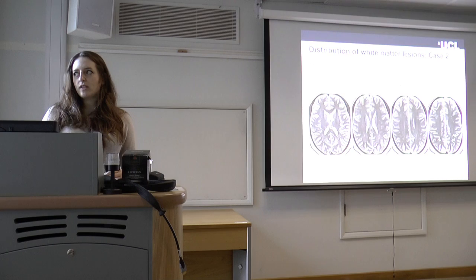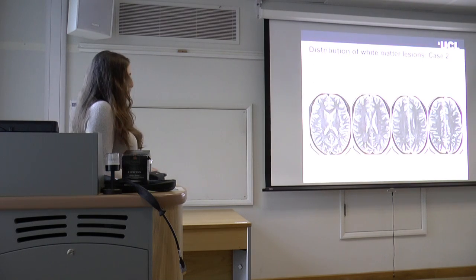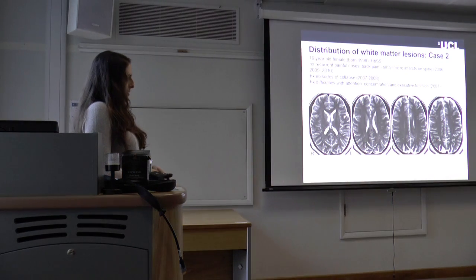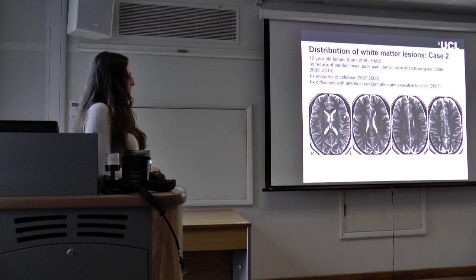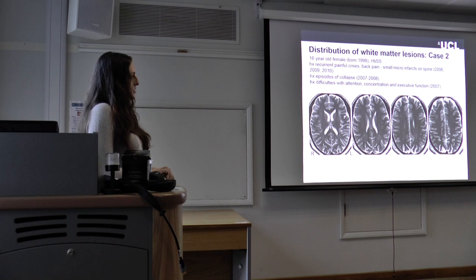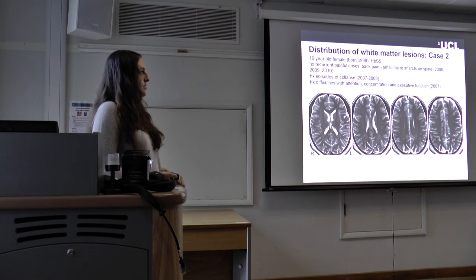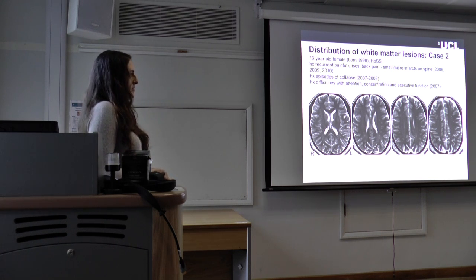Let's look at another case of a 16-year-old female with history of recurrent painful crises and back pain. She was found to have small microinfarcts on her spine. Previous history of collapse, and history when she was 9 years old in school of difficulties with attention, concentration, and executive function.